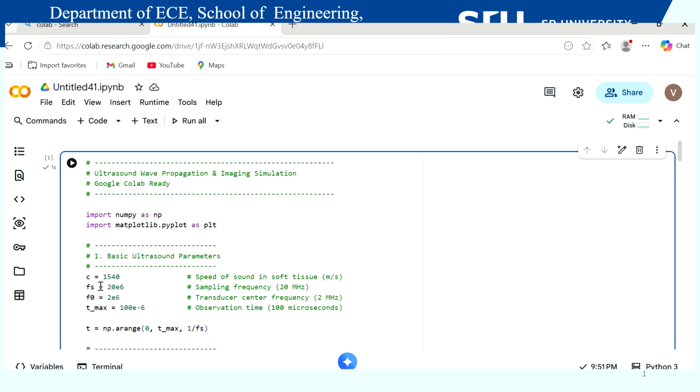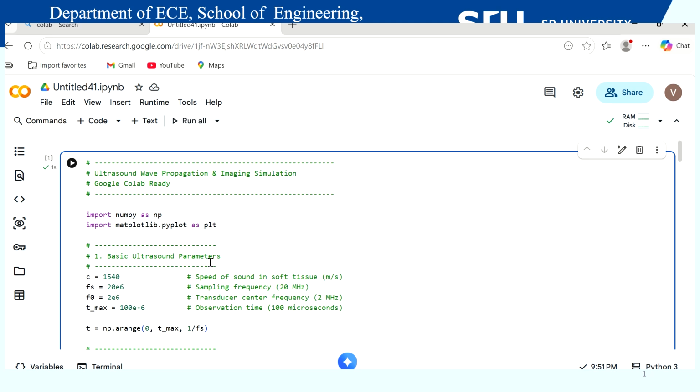Then Fs is equal to 20 e power 6, that is sampling frequency 20 megahertz, so 20 into 10 power 6. And F naught is equal to 2 into 10 power 6, that is transducer center frequency 2 megahertz. T underscore max is equal to 100 e power minus 6. This is the observation time, 100 microseconds.